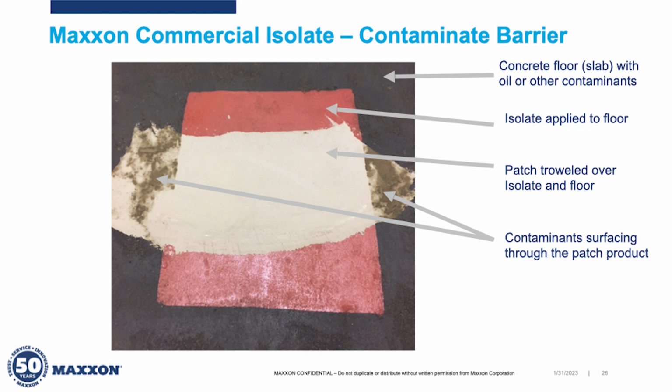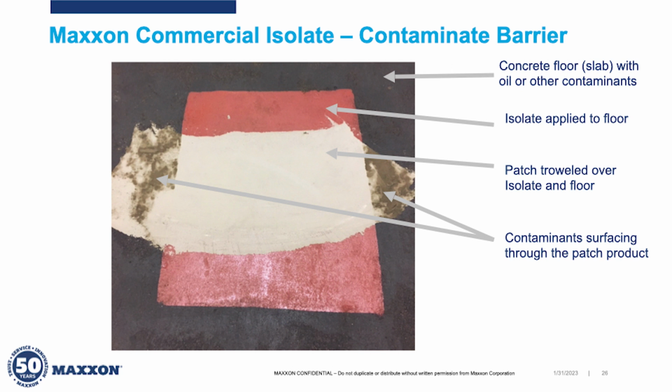And then this is an example of what the product does. So you see we have a contaminated surface, and that's either oil or maybe some old cutback adhesive residue. We've applied some isolate there, and over the top of the isolate we floated some floor patch, making sure that we overlapped onto the surface that wasn't treated.